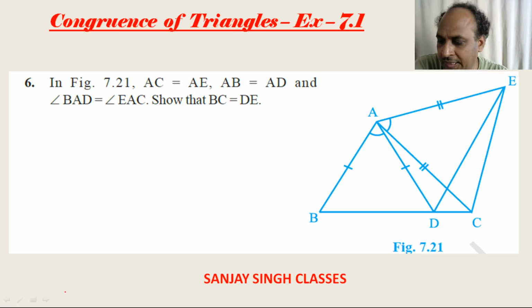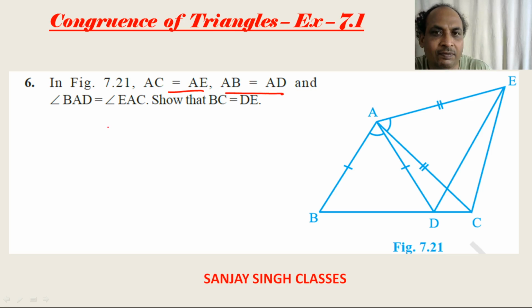Now question number 6. We are given already AC is equal to AE. Okay. We are already given AB is equal to AD. Right. We are already given angle BAD is equal to angle EAC. Means this angle is equal to this angle. Okay. So that BC is equal to DE.